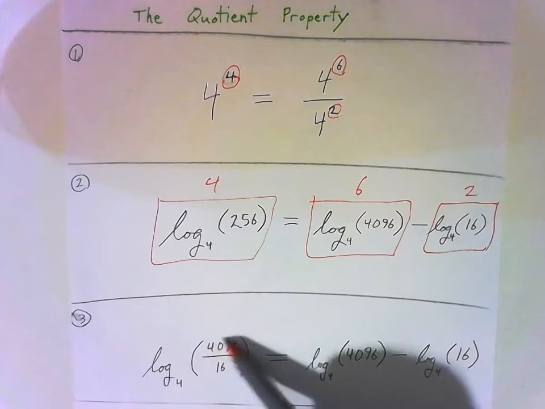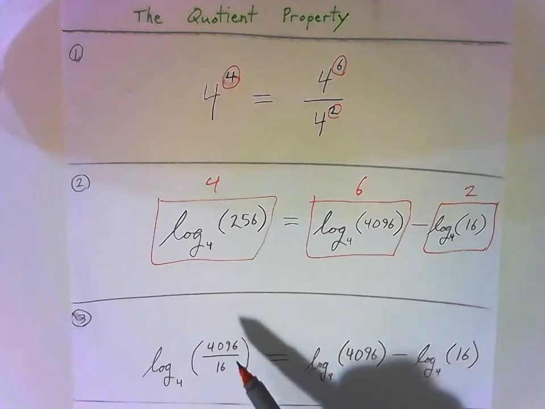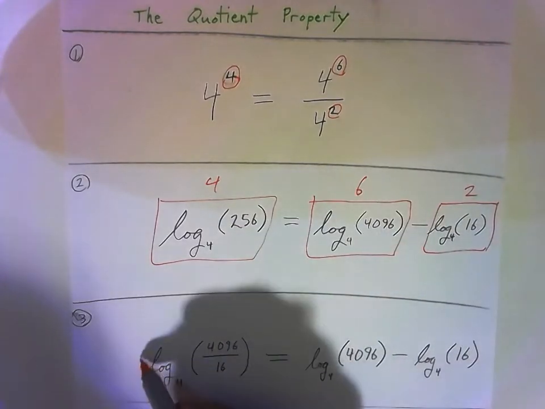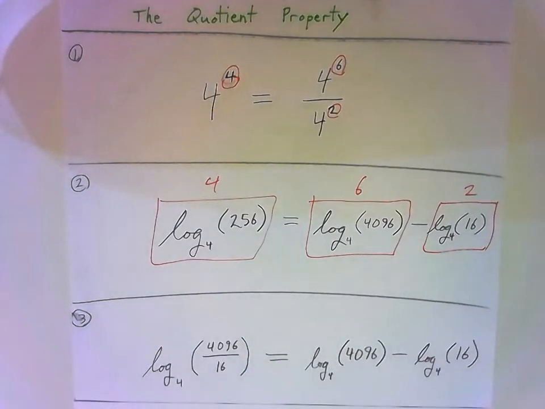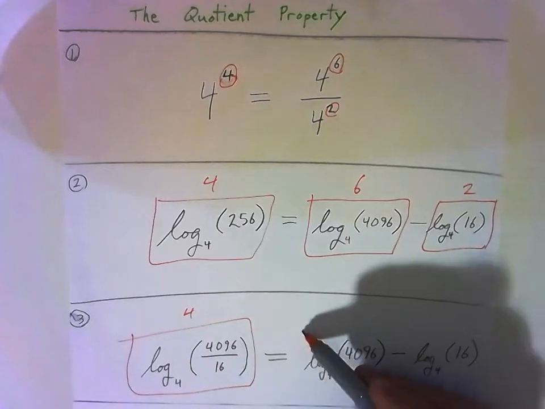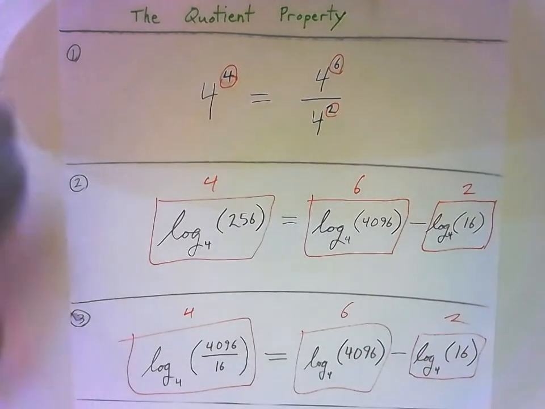This is 4 to the 6th. That's 4 squared. And dividing those is the 256, which is 4 to the 4th. So yeah, that's still the same thing. 4, 6, 2.